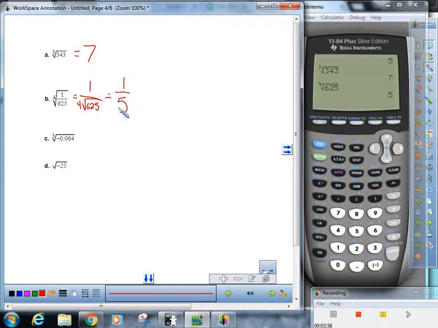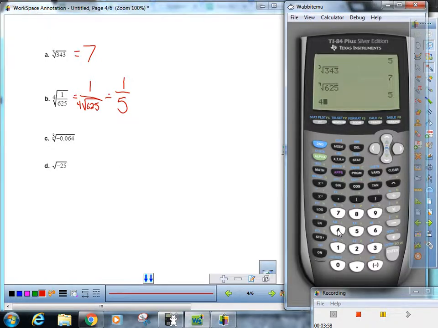Okay? Can I show you another way to do that, though? Hit 4, math, 5, and get your fourth root up. Now do a parentheses. 1 divided by 625, and close it. Okay? Hit enter.